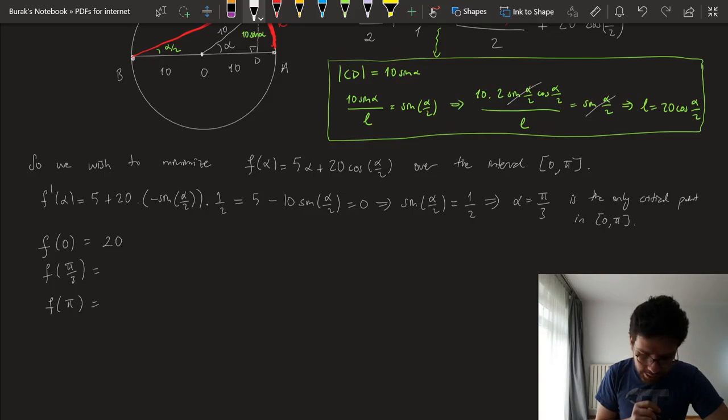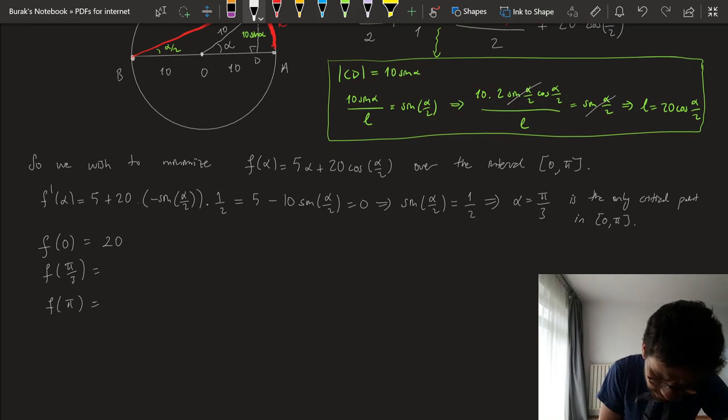If you plug in pi over 3, you're going to get 5 pi over 3 plus 20 cosine pi over 6.